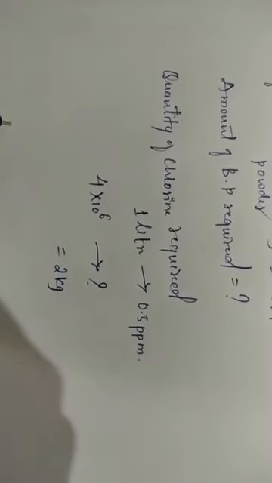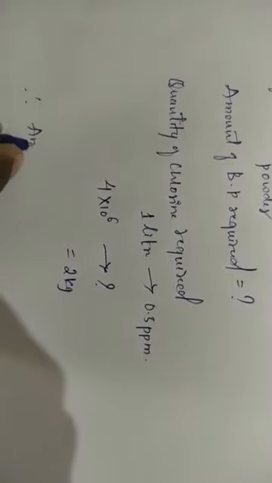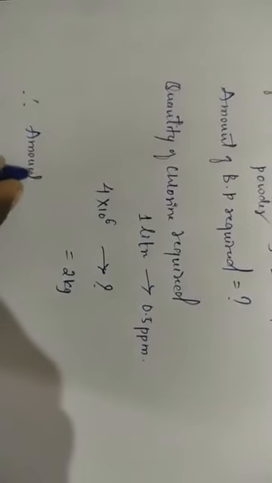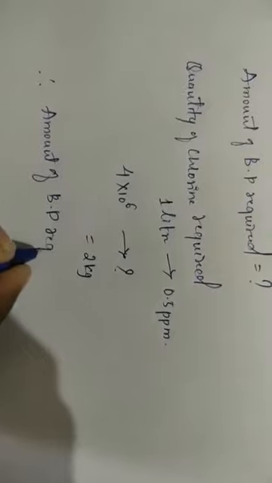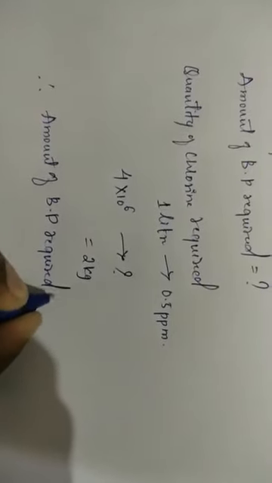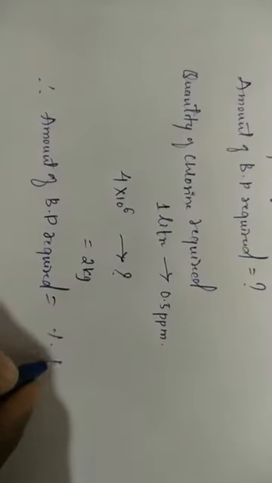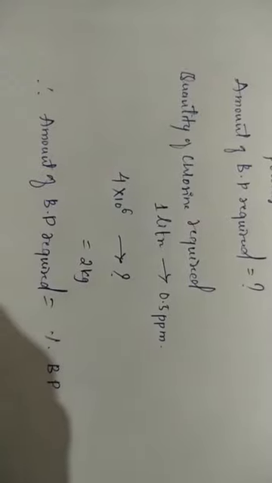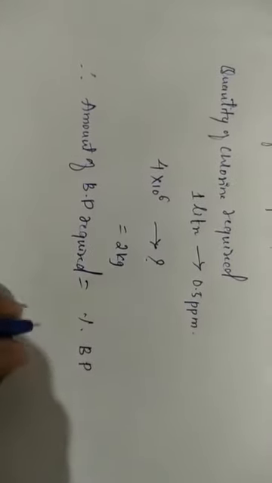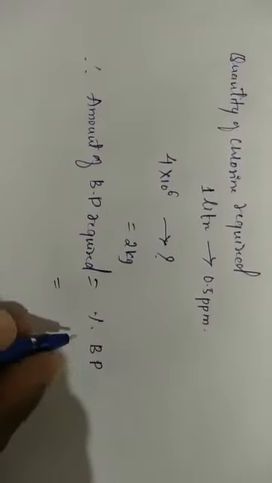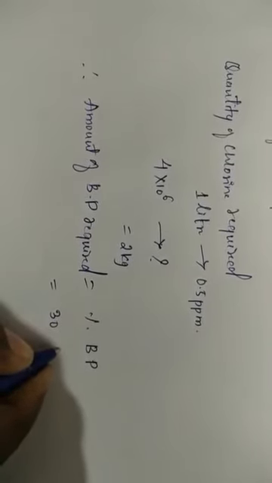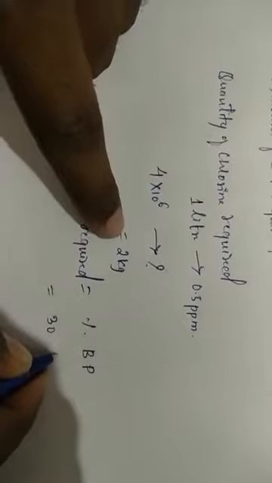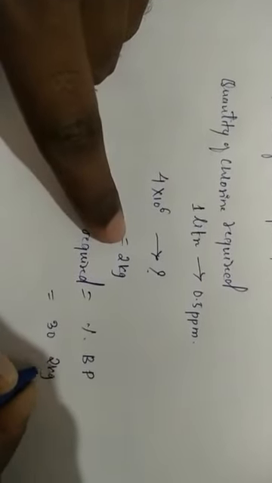Therefore, the amount of bleaching powder required is equal to the percentage of chlorine in bleaching powder. The percentage of chlorine is given as 30, and the chlorine quantity is 2 kg.